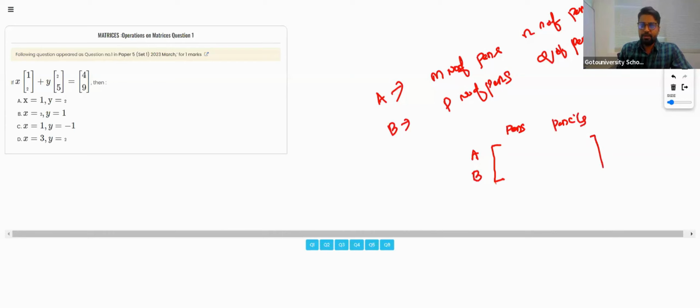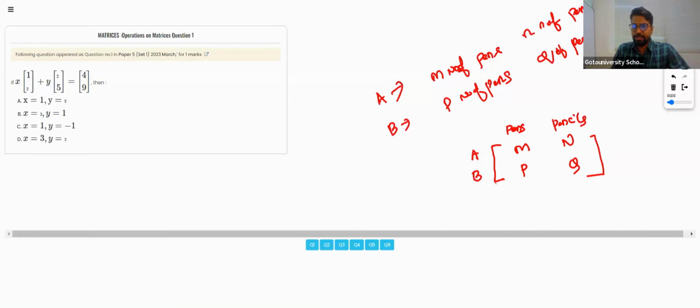So if I write m here and n here, it is very clear that A has m pens and n pencils, and B has p pens and q pencils. This is one example to understand the use of matrices in representing data.